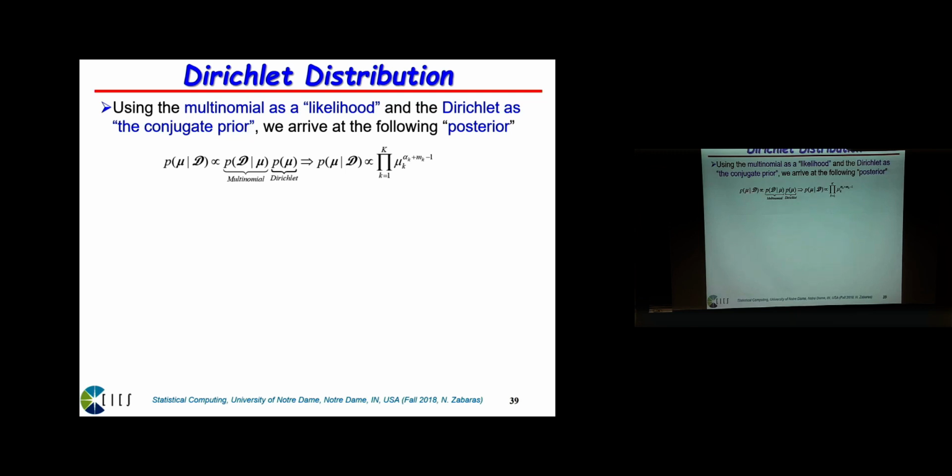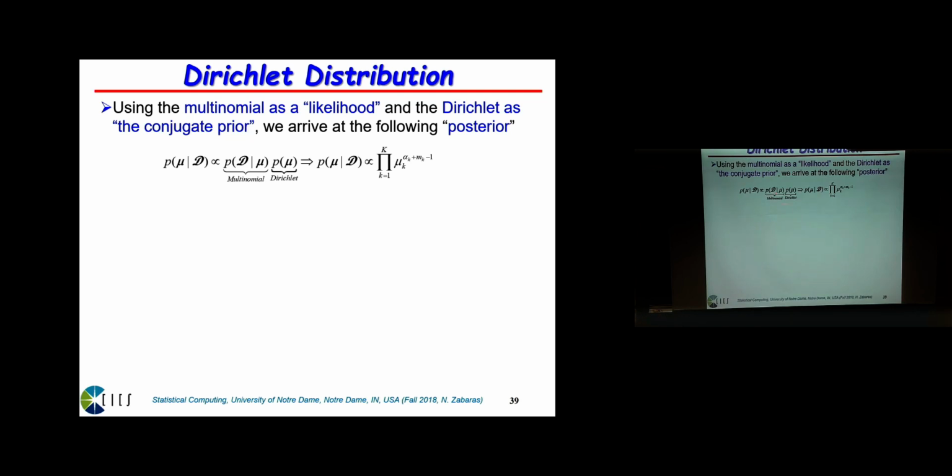So this is the posterior. If I have observed the data, I'm asking, can I say something now about the parameters mu? Using the product rule, this is the likelihood that comes from a multinomial distribution, and as a prior, I take mu to come from a Dirichlet distribution. And notice what happens.